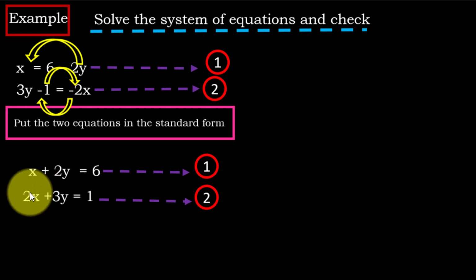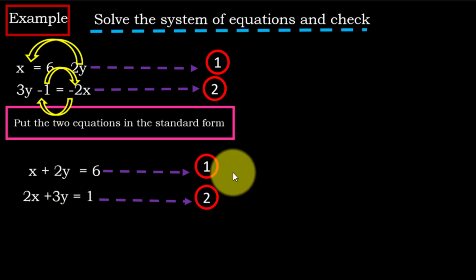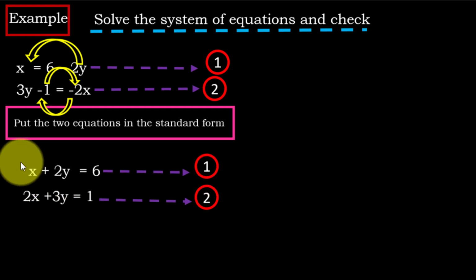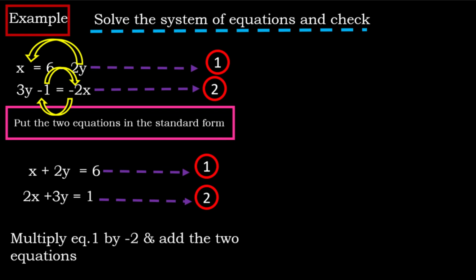To make it additive inverse, just multiply by negative 1. So multiply the first equation by negative 2. So we will get negative 2x minus 4y equals negative 12. This is the first equation after you multiply it by negative 2.